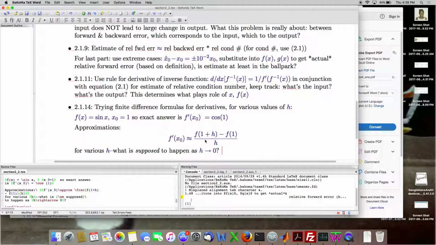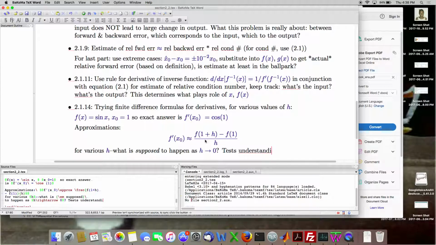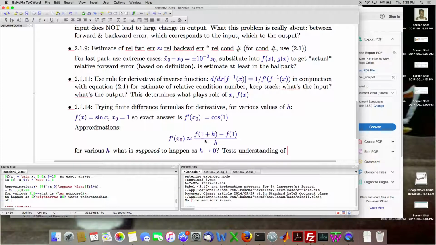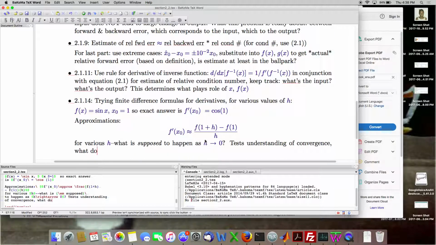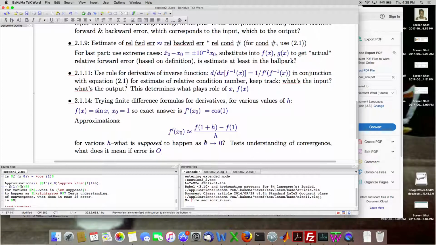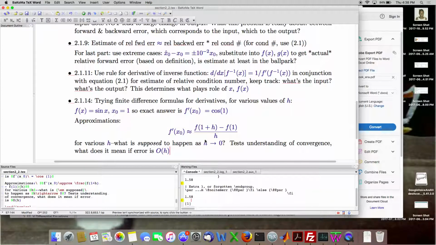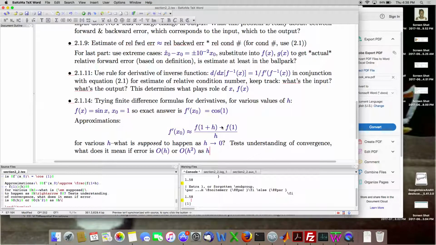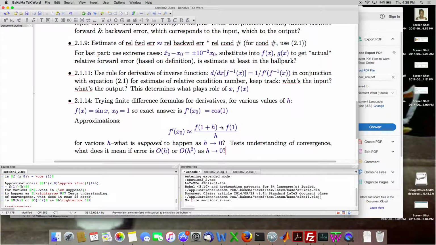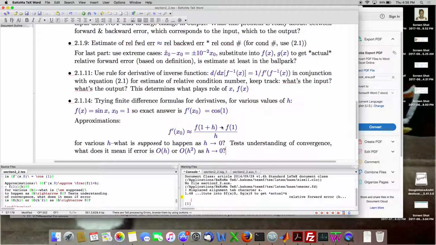As h goes to 0, and this is meant to test your understanding of convergence. What does it mean if the error is big O of h, or big O of h squared, as h goes to 0? When you compute these, you can also just subtract them and get the error.